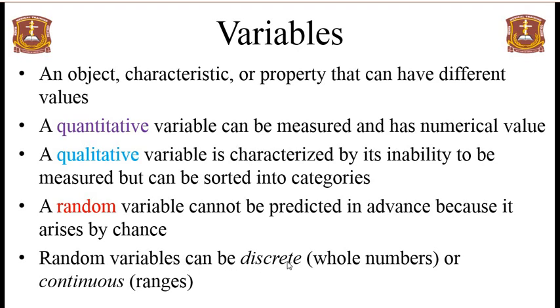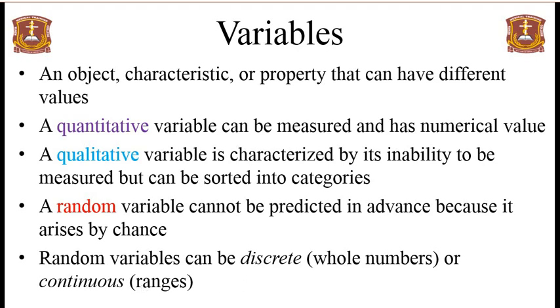Random variables can be discrete, that is whole number values, or continuous, that is when we're dealing with ranges. When someone gives a conclusion which involves a range, or talks about some bracket of data, therefore you are referring to continuous data and not discrete.